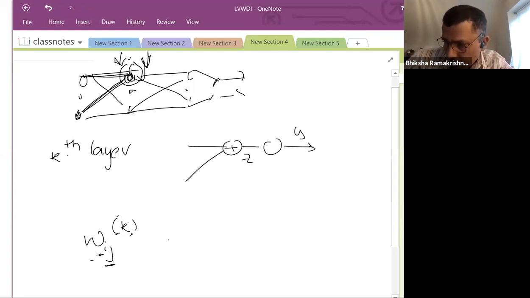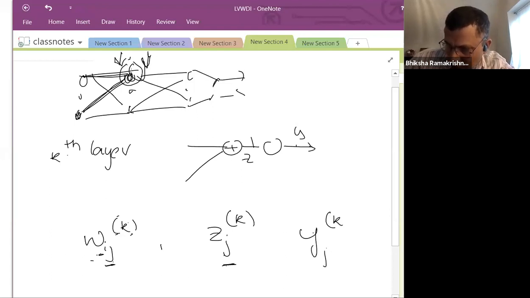The affine value itself I'm going to represent as z_j^(k). So this is the affine input to the jth neuron in the kth layer. The output is going to be y_j^(k), the output of the jth neuron in the kth layer. This is the standard notation that we're going to be using through these lectures.